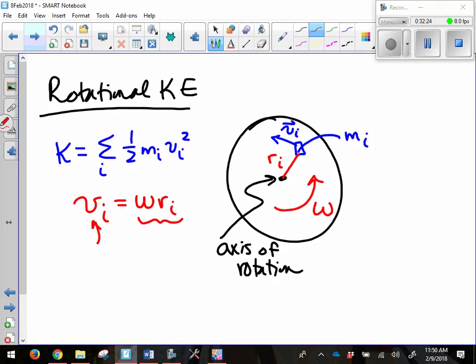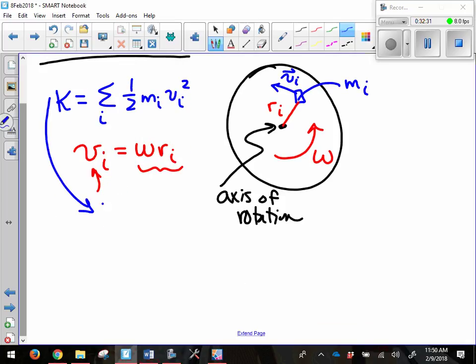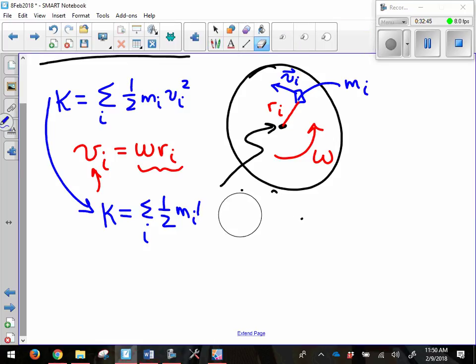Okay, so I can rewrite my equation for kinetic energy then. I can say that kinetic energy is that sum over all my parts i, 1/2 mi times omega ri squared, right?